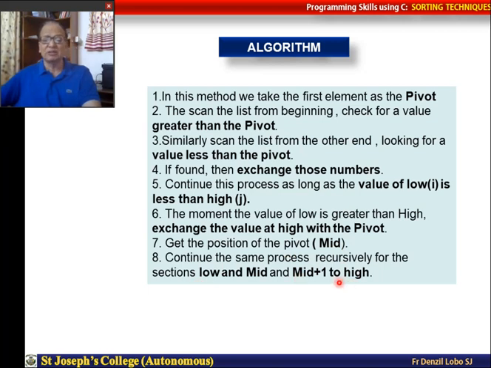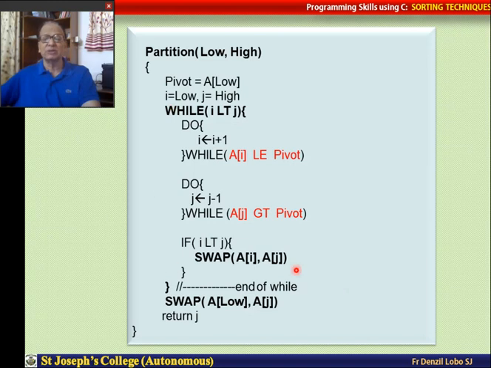So this is what is to be done, and here I show you the same in the form of a function, partition. This partition returns the value of j, or the location where it is partitioned. So I take a[low] as the pivot, then assign i to low and j to high. Then I get into this loop as long as i is less than j.